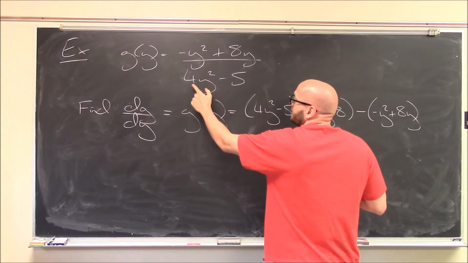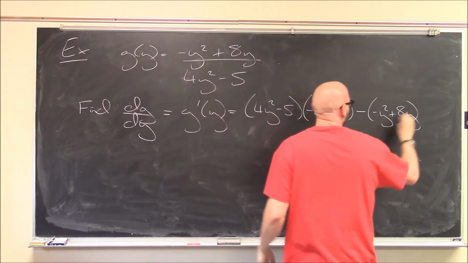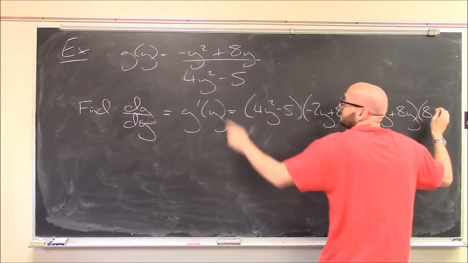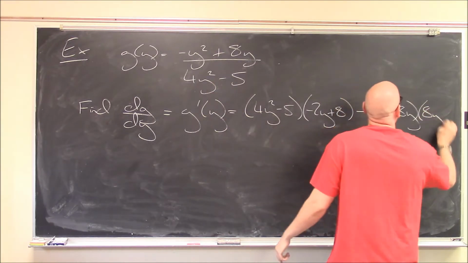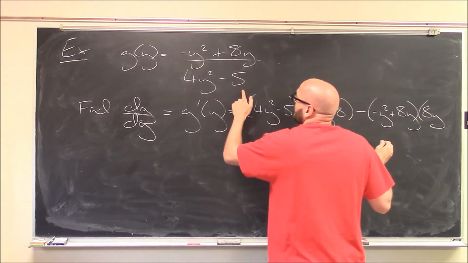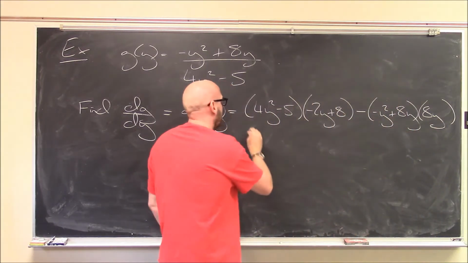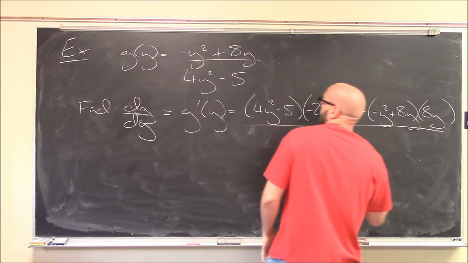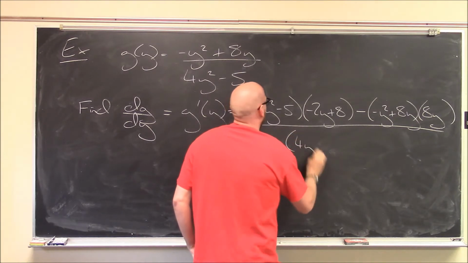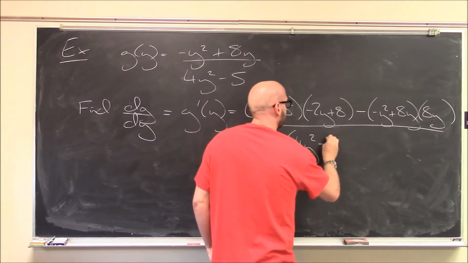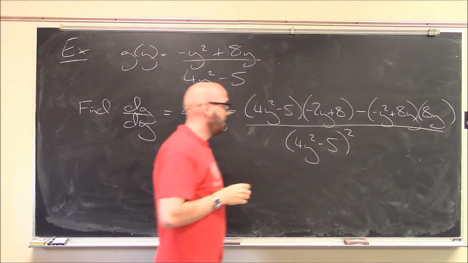The derivative of the bottom is going to be 4 times 2 is 8, 8y to the 1, minus derivative of minus 5 is 0. So just times 8y. And then all over the bottom squared. 4y squared minus 5, all squared.